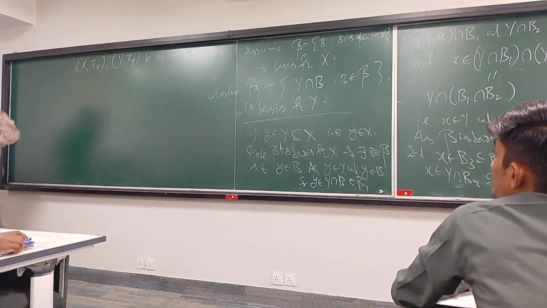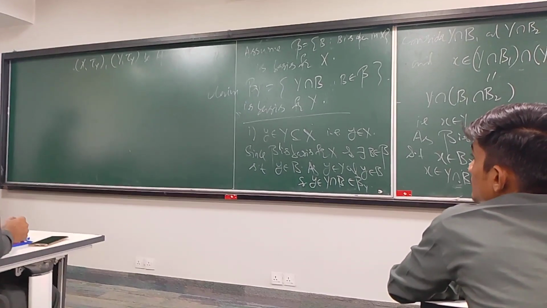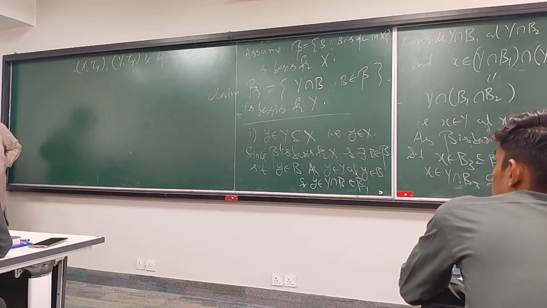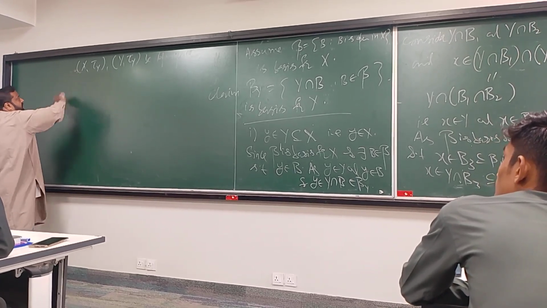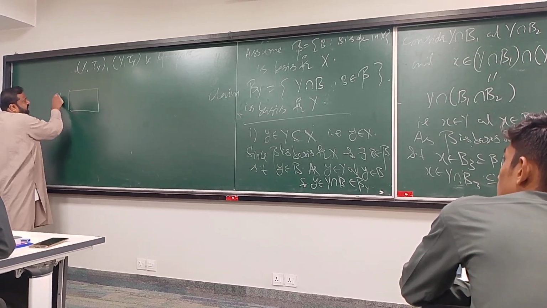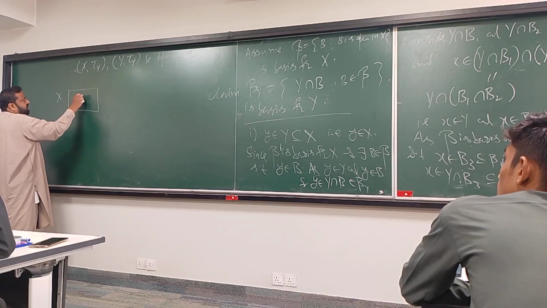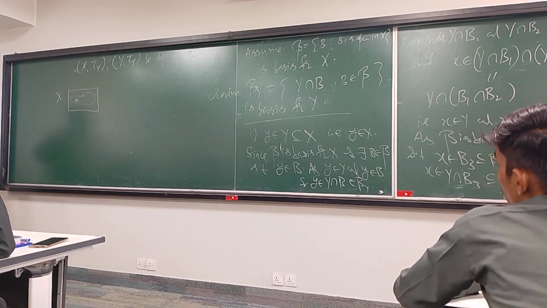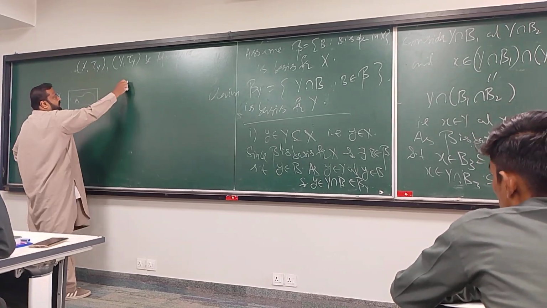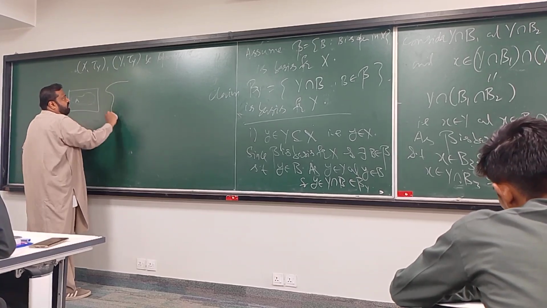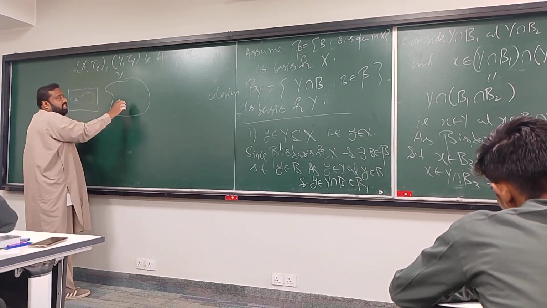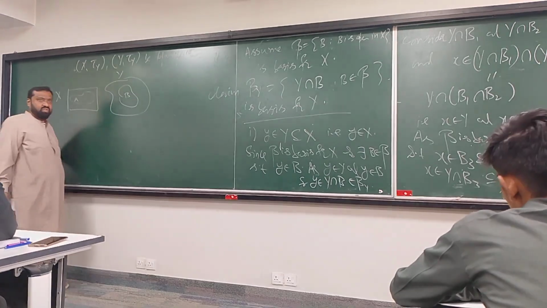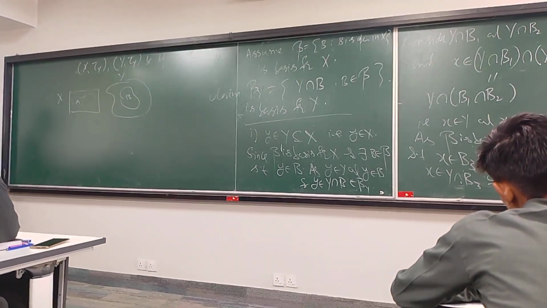I'm saying that X and Y are two independent sets, and you have two topologies. Take a subset A in X, and maybe Y looks like this, and I have another subset B of this topological space Y.